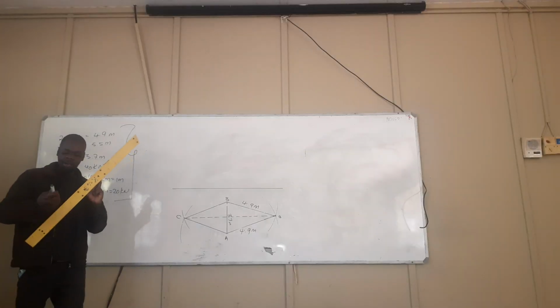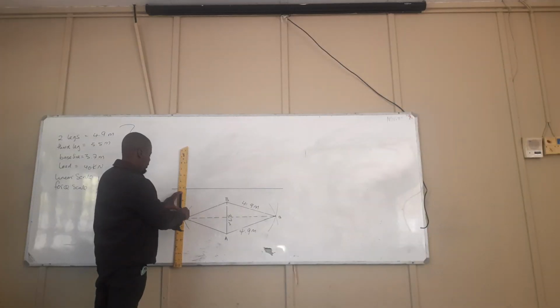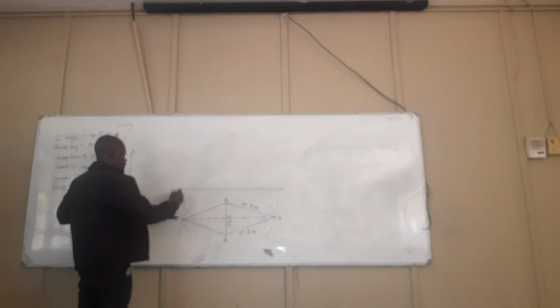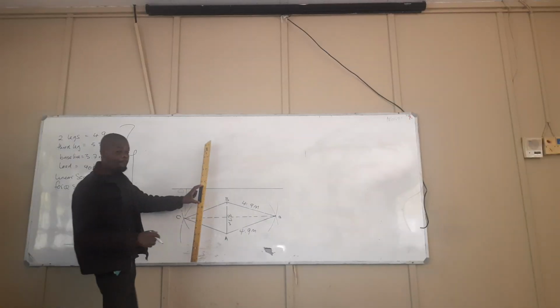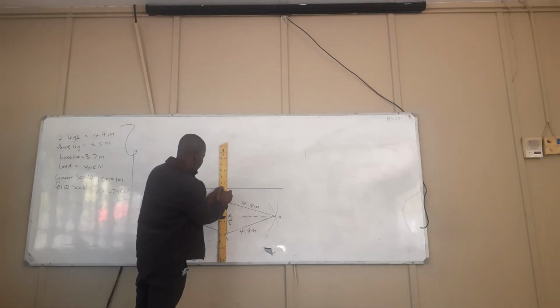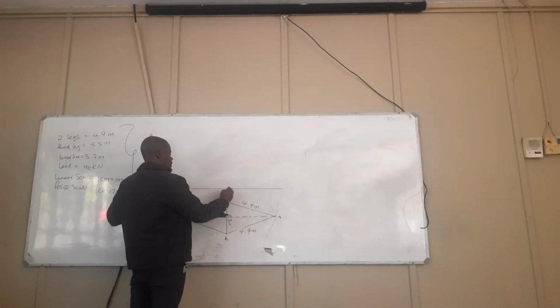Let me use a green color for my projections. From C, you project upwards so that you can get a point that you call C1. From B and A, they are on the same plane. You can also project going up so that you get A1, B1.